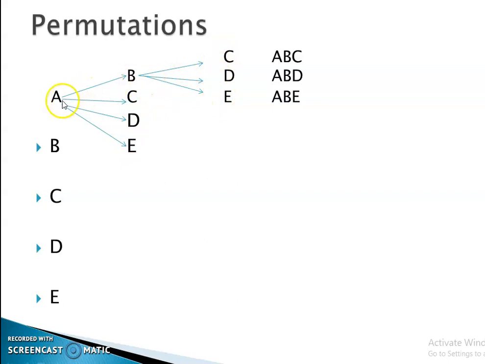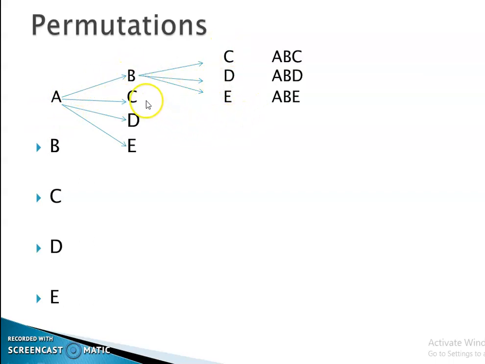For example, if A is selected in the first place, B is selected in the second place, then C, D, E are left for the third place. Any one of the letters can be selected in the third place. So we can make arrangements like ABC, then ABD, ABE.